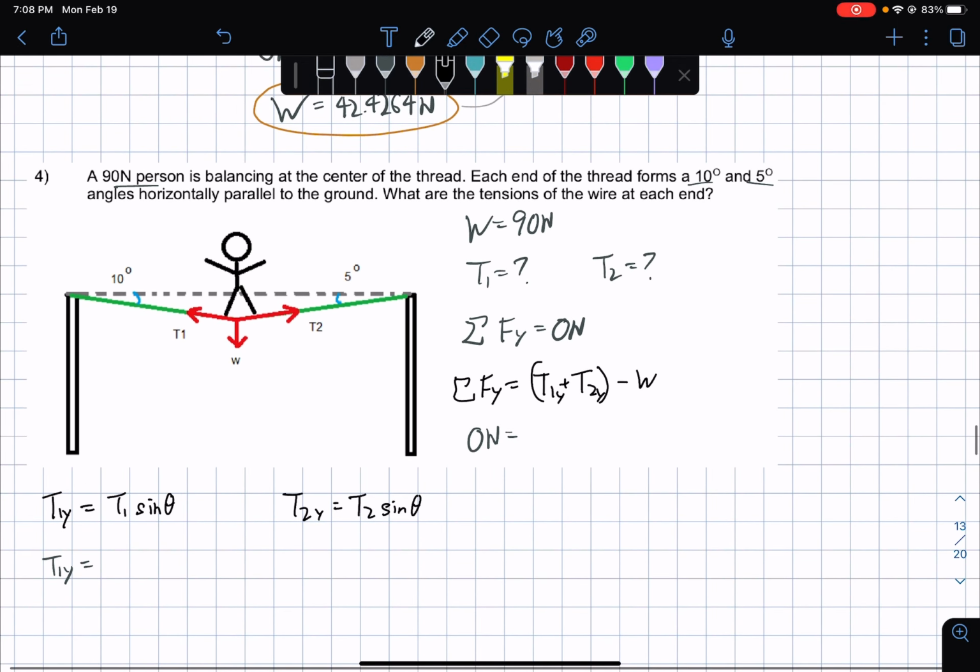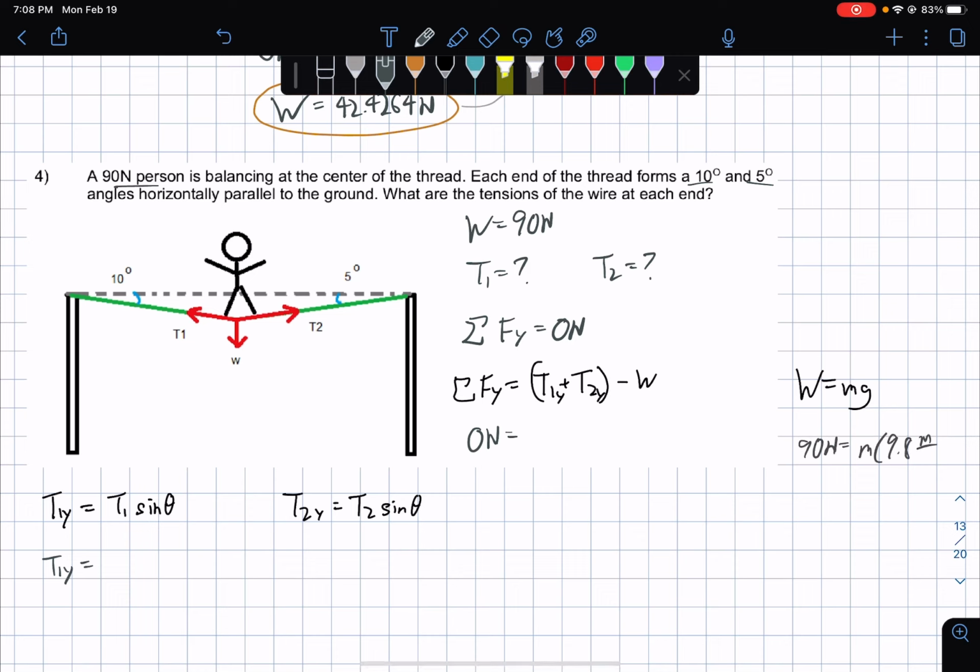We do have the weight, so let's see. The weight is equal to mass times gravity. So 90 newtons is equal to mass times 9.8 meters per second squared. Mass is equal to 9.18367 kilograms.